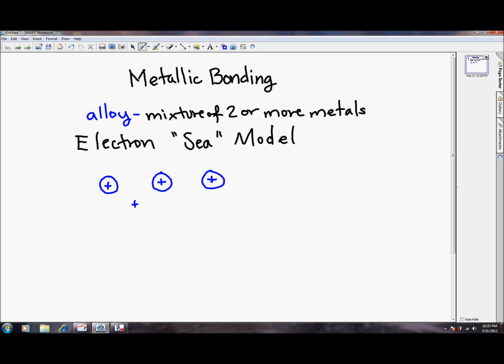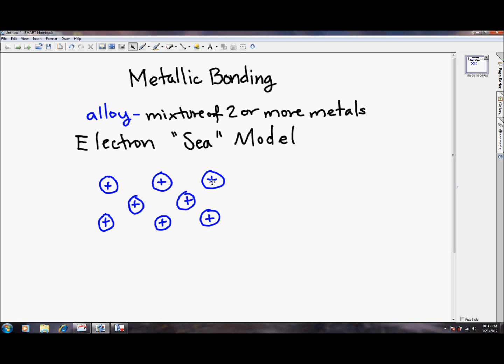It's not nearly as highly ordered as in the crystal for an ionic compound, but it's not nearly as disorganized and chaotic as what we find inside a covalent compound, where we just have groups of atoms called molecules moving around because they're usually liquid or gas form.